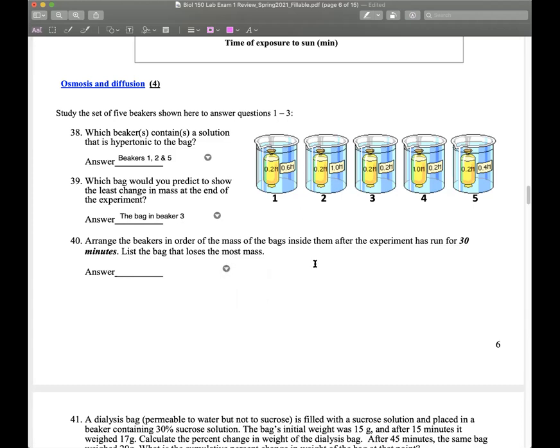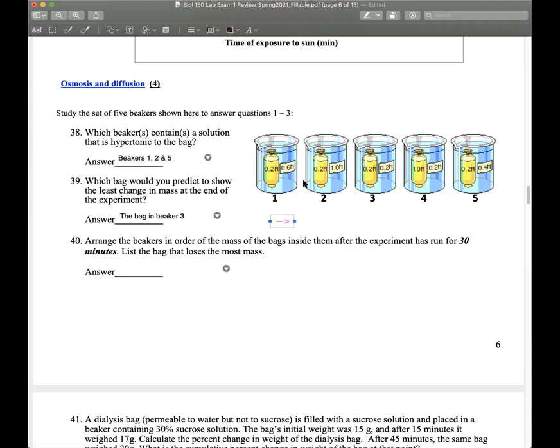Oh, okay. So I kind of want to make some little arrows or something. All right, so in this first example, is water entering the bag or leaving the bag? Leaving the bag.